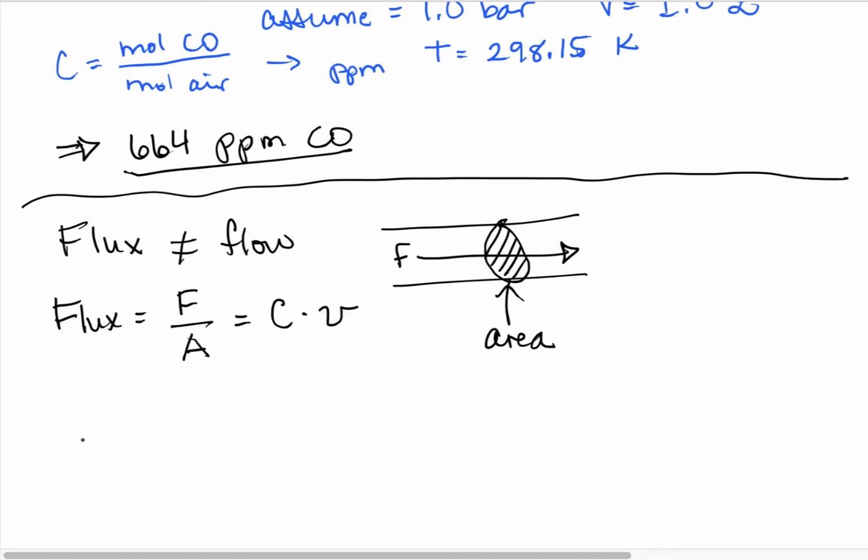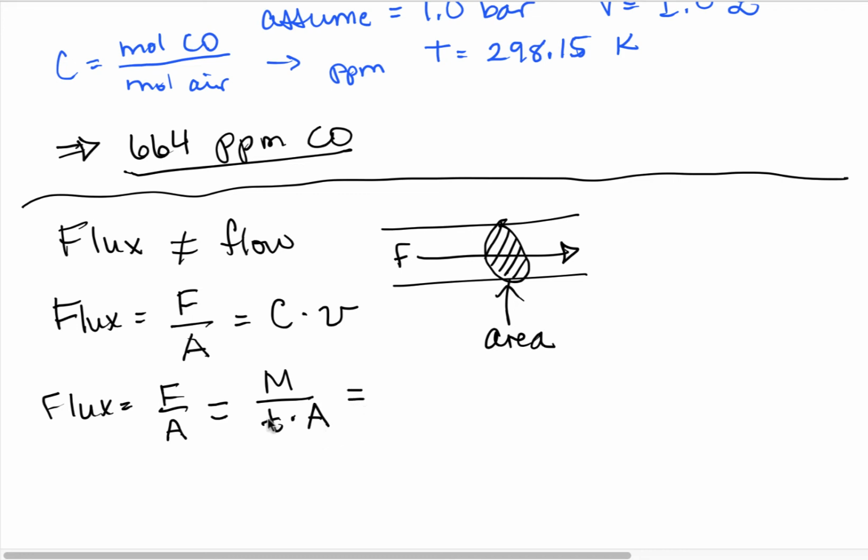Okay, so let's go through how that happens. Flux is equal to flow over area, because we've got the amount of flow passing through an area. Then we can remember that flow is the amount of stuff per time, and we leave the area alone.